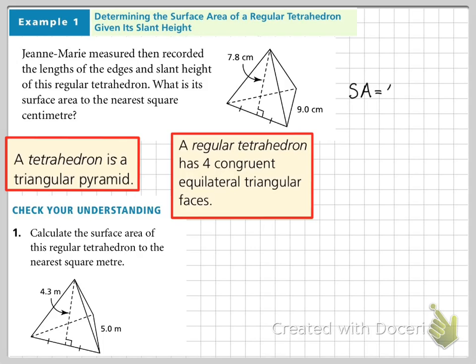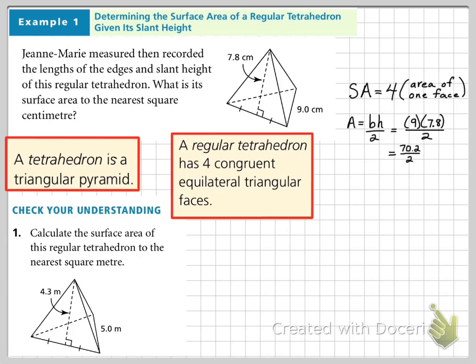So what we're going to do is say the surface area is 4 times the area of one of the faces, and that's going to be base times height divided by 2, which is 9 for the base. The height is 7.8, divided by 2. Now when I say height, I'm referring to the height of the triangular face, not the height of the pyramid.